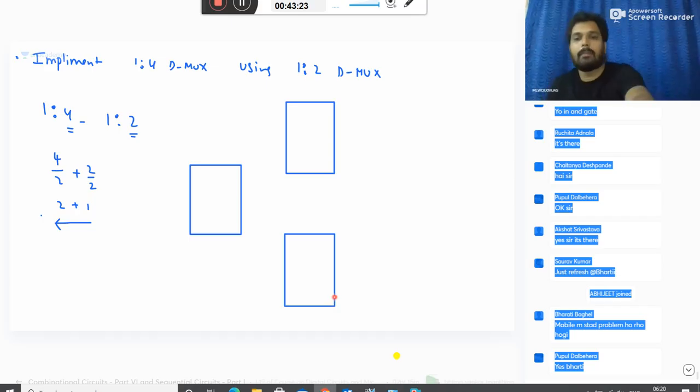So now, it will be nothing but the reverse figure of the mux implementation.